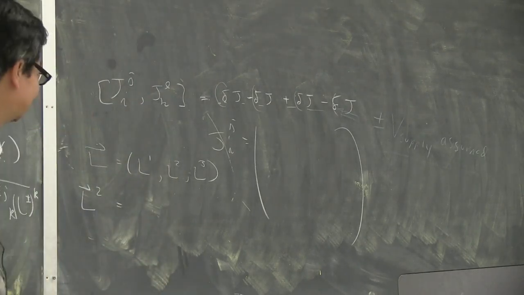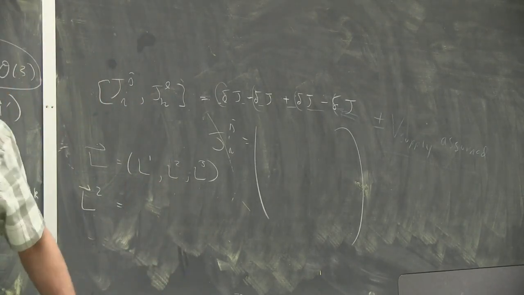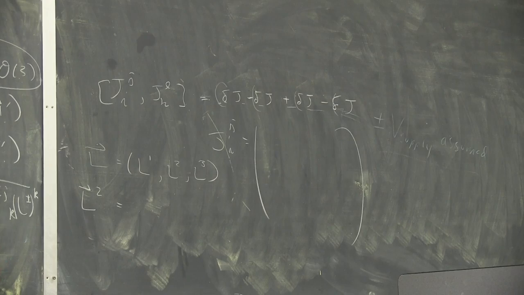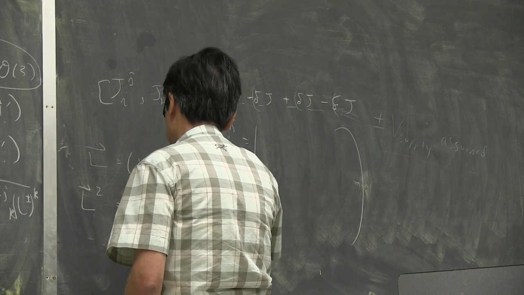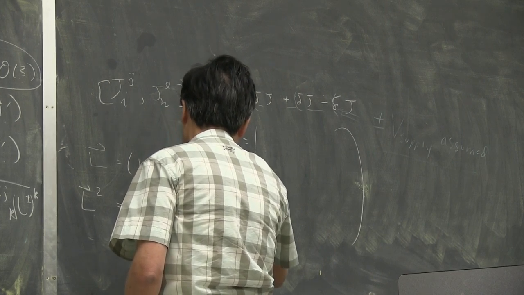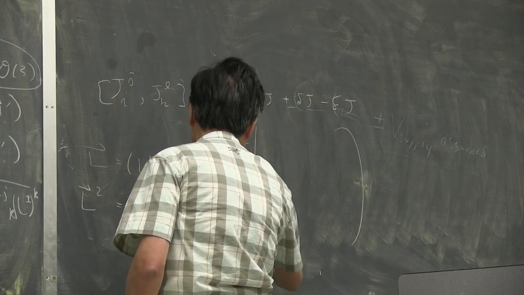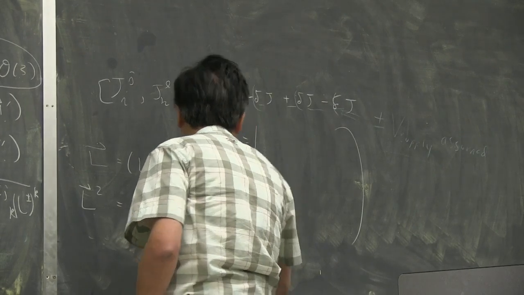Let me write it like this, not to be confused with the second component of L. According to the usual way of defining the square of a vector, this is just L1 squared plus L2 squared plus L3 squared.